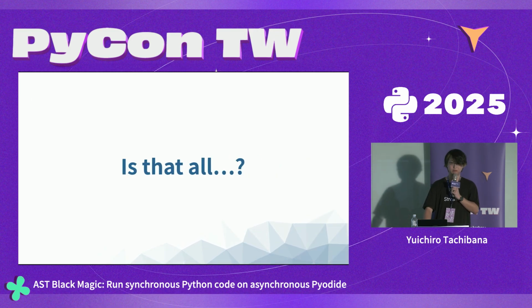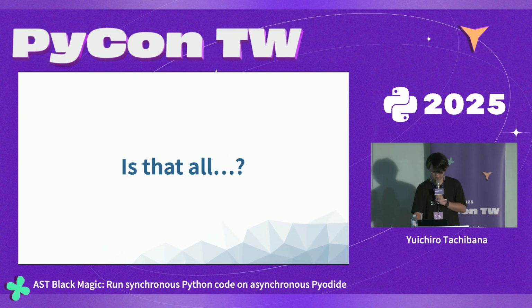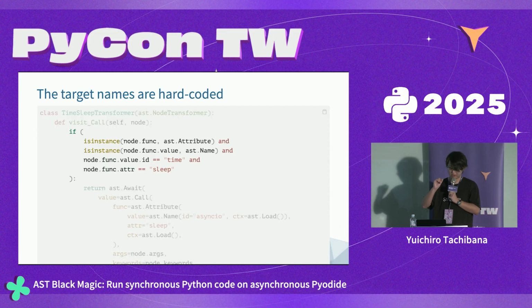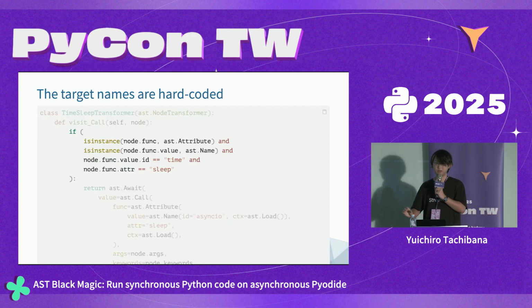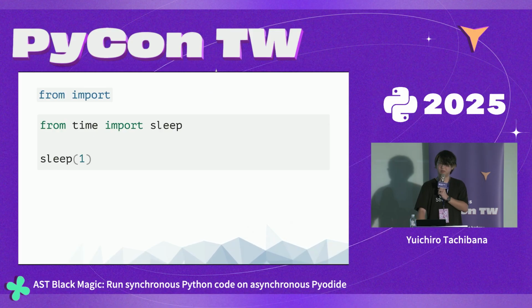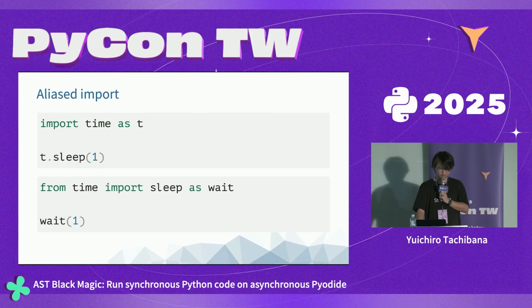However, there is still something to be cared about. For example, in the case of time.sleep, I had coded the target method name time.sleep inside our callback. It matches only time.sleep exactly. So what if it's imported in this form? Or what if it's imported as an alias using the as keyword?